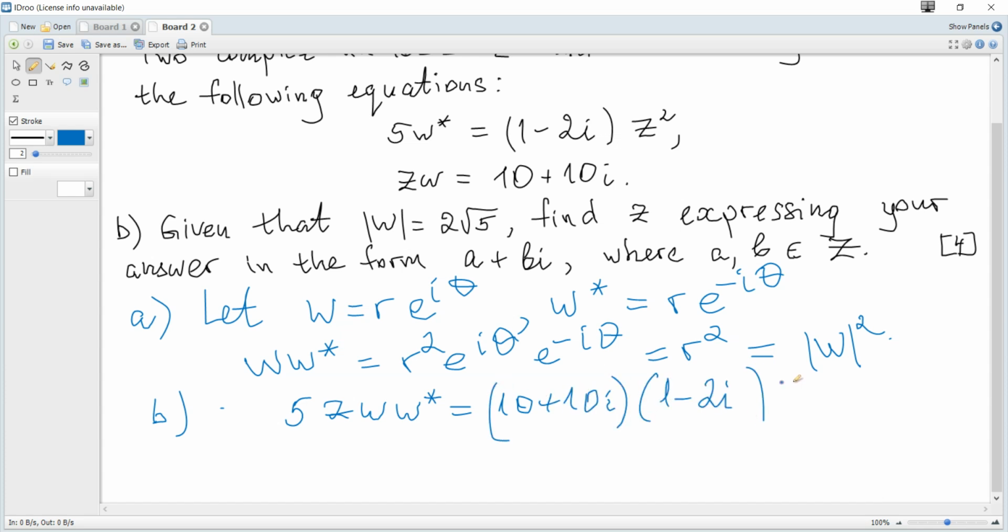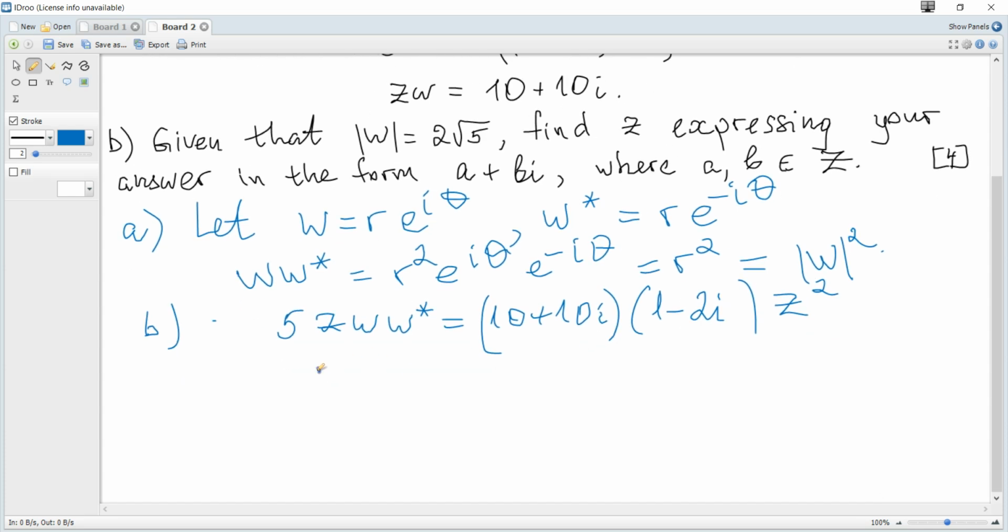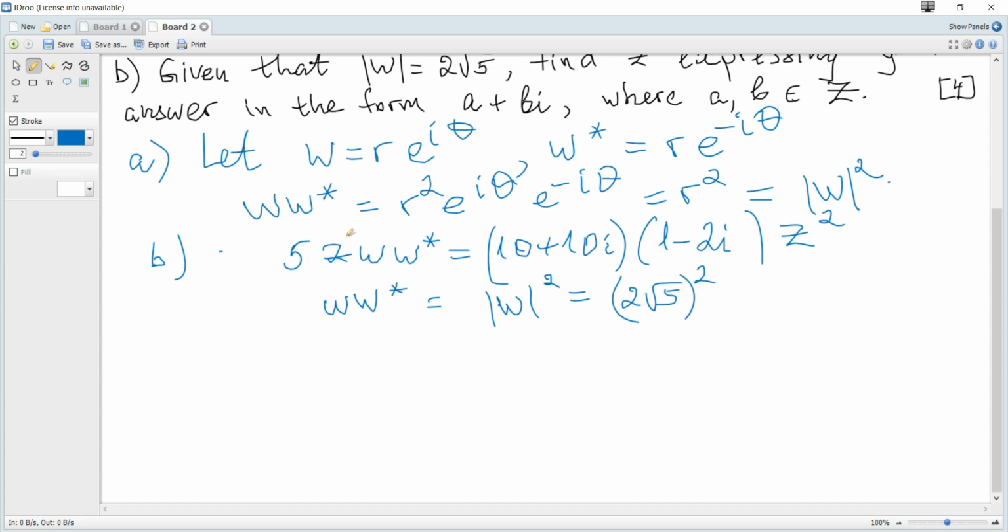And using that w multiplied by w complex conjugate is equal to the modulus of w squared, so it's 2 root 5 squared, we get, and we can divide both sides by z to get 5 times, and what is it?